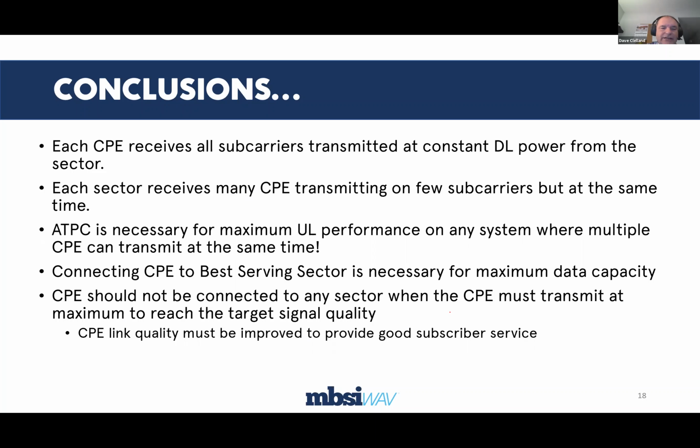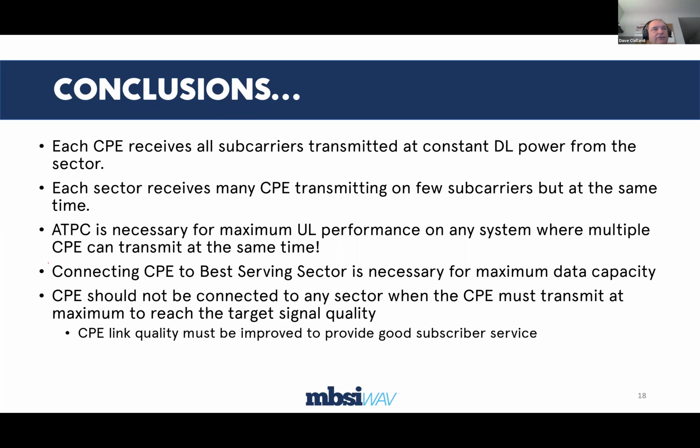So, the conclusion. Each CPE receives all subcarriers transmitted at a constant downlink power. Each sector receives many CPE transmitting on a few subcarriers, but at the same time. Automatic transmit power control is necessary for maximum uplink performance on any system where we have multiple CPE transmitting at the same time.